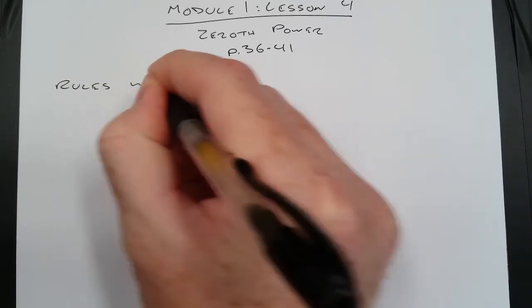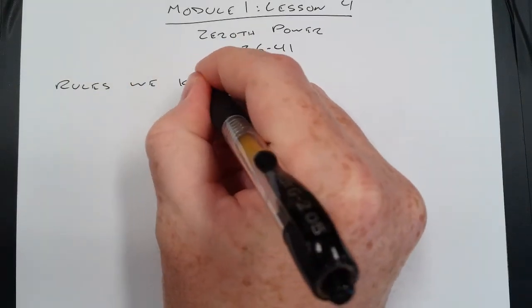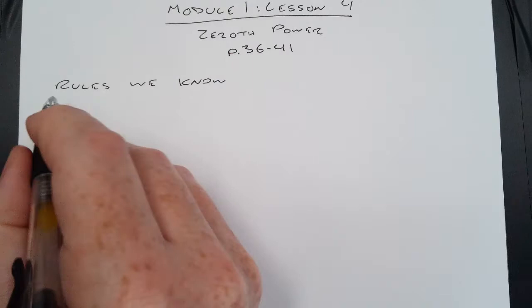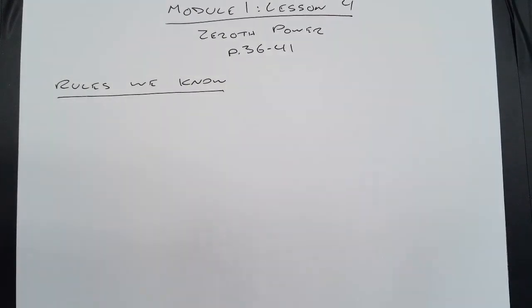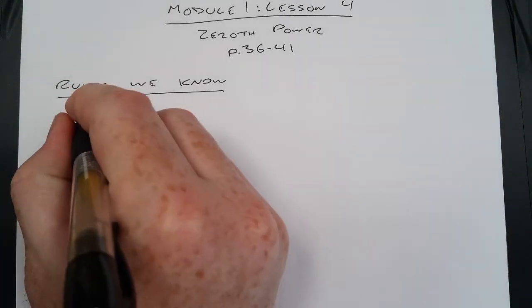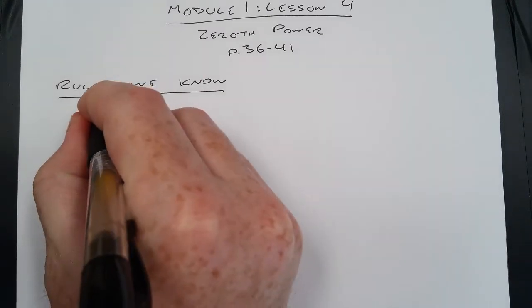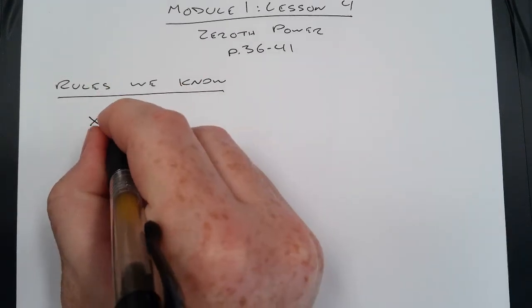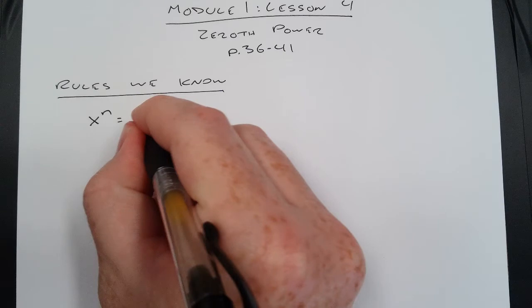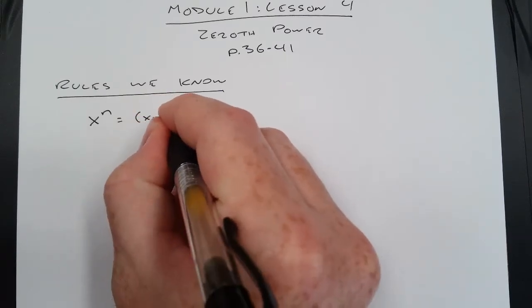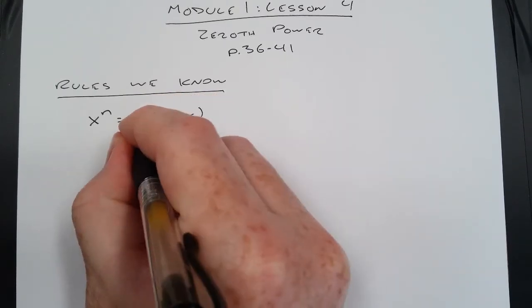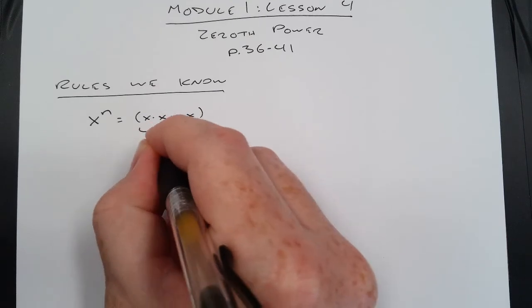We have been studying exponents for about a week now. Let's talk about rules we know. The first lesson was all about exponential form. So you had a base with an exponent, and this means that you had x times itself n times.